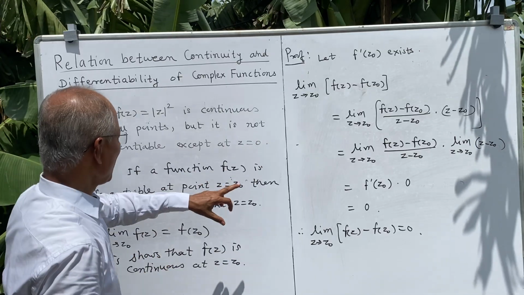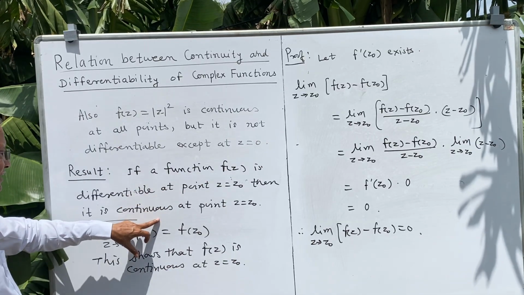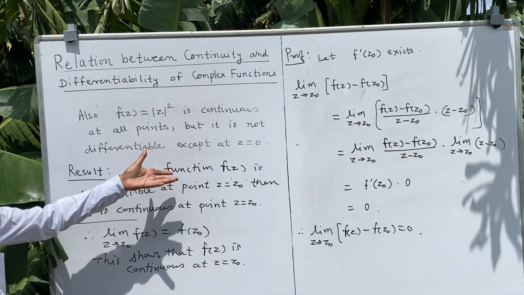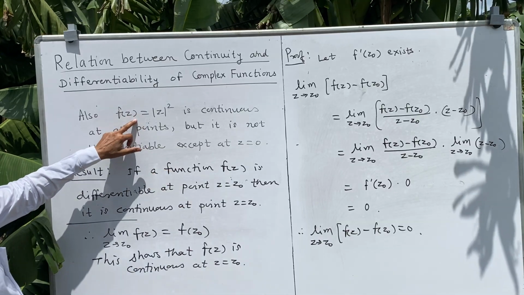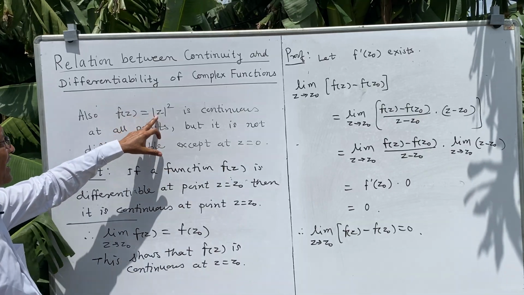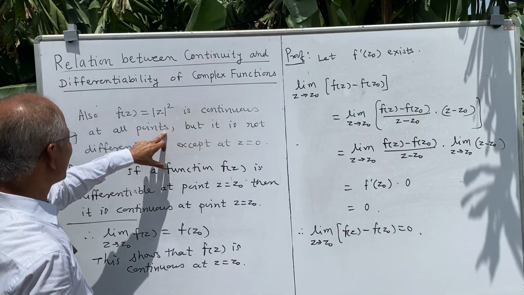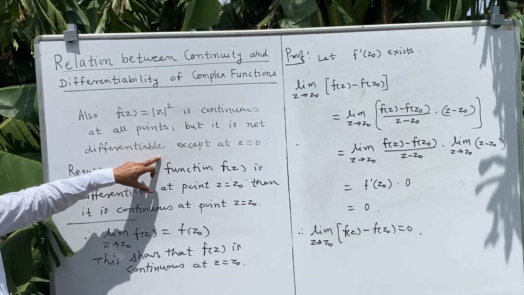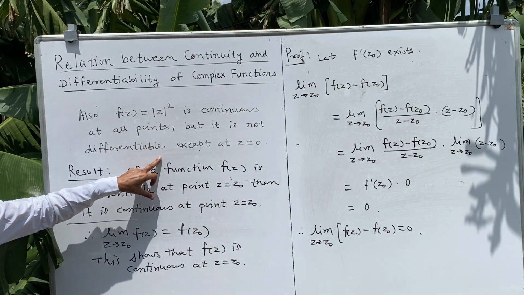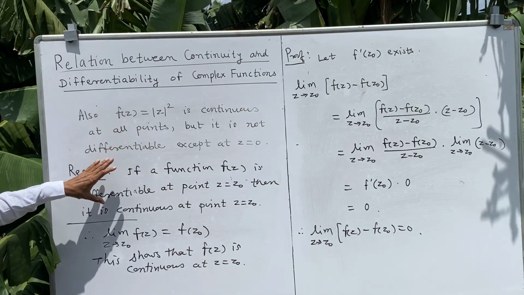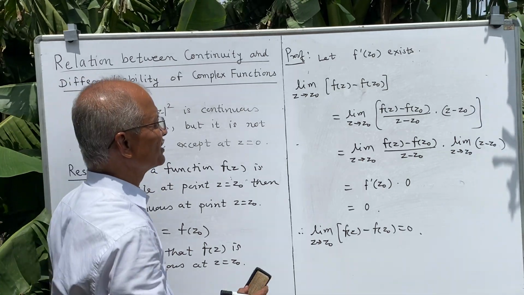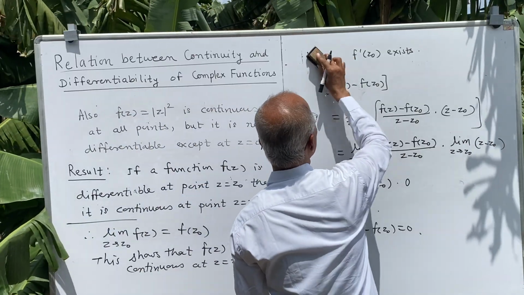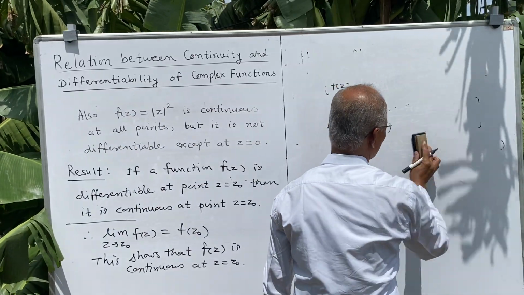That we have proved. If the function is differentiable, then it is continuous, but the converse is not true. Earlier we have seen f of z equal to mod z square is continuous at all points, but not differentiable except at z equal to 0. So differentiability implies continuity, but continuity does not imply differentiability.